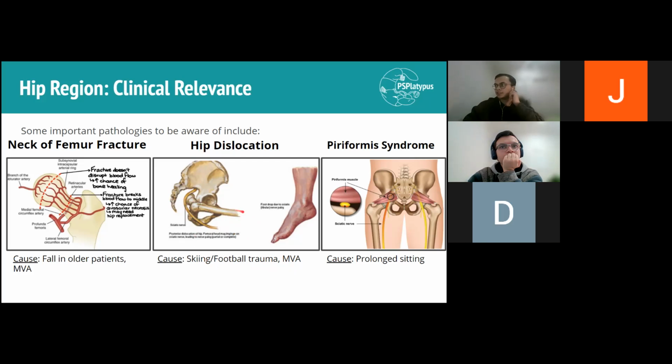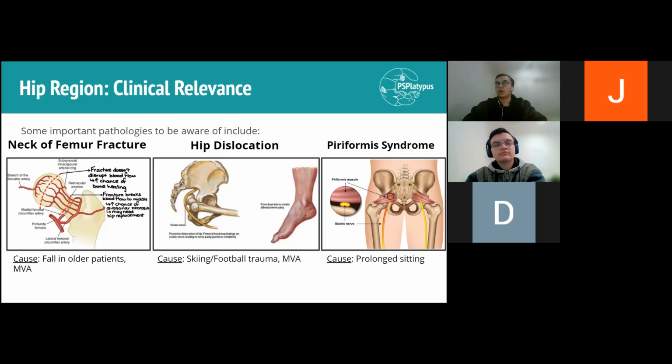All right, and the last thing here on this slide is piriformis syndrome. So remember we talked about the piriformis muscle at the back of your thigh in the gluteal region, where it's a deep gluteal rotator. That muscle can, if it's really large, impinge on the nerve below it, the sciatic nerve.